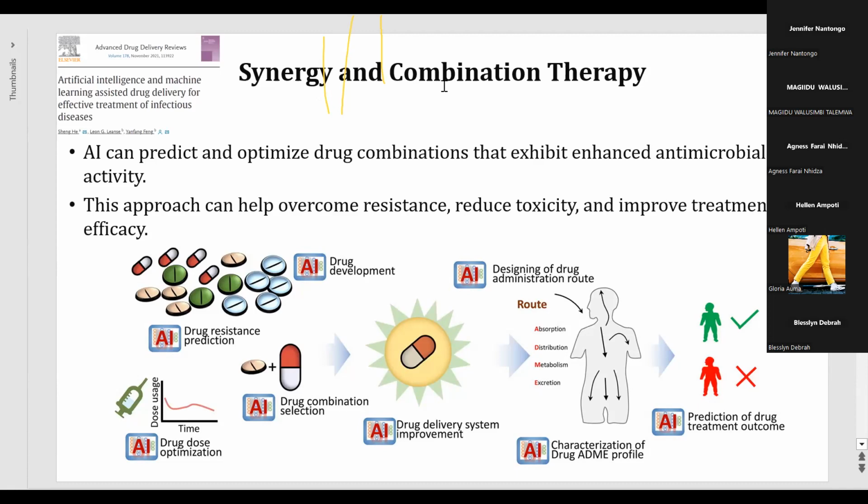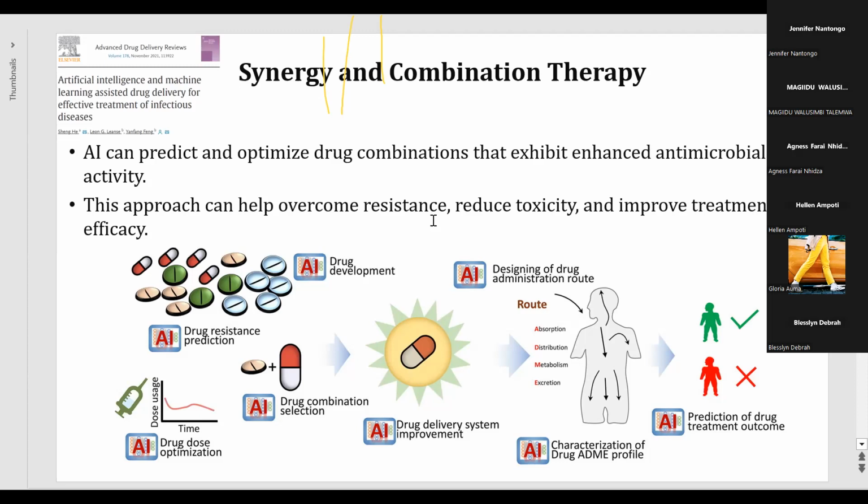So even the synergistic and combination therapy is predicted by AI. And also this approach is helpful to overcome resistance. When bacteria are exposed to too many antibiotics, they develop resistance.